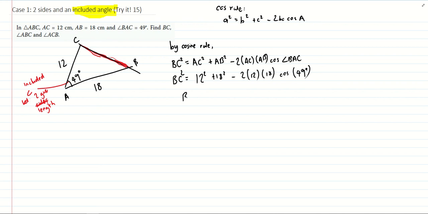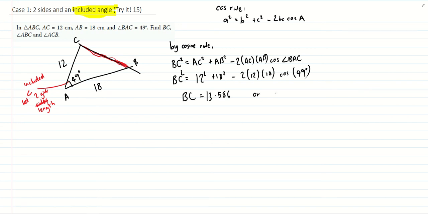Okay, so solving for BC, I will have 12 squared plus 18 squared minus 2 times 12 times 18 times cosine 49. Let's square root the answer. We have 13.586. They always give 3 significant figures first.